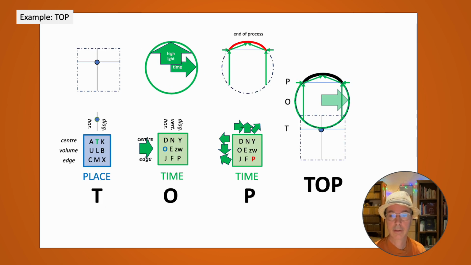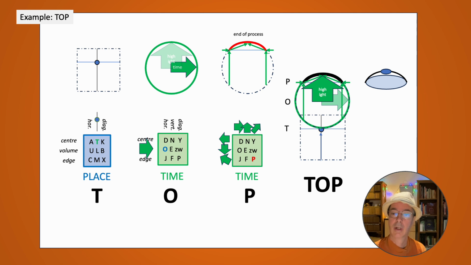But of course we will start with top. So we start with the T, the O and the P, all on top of each other, attached to each other, so that in the end we can derive something. And it is always easier, when we are talking about forms, to put a 2-dimensional form into a 3-dimensional vision, and you see immediately very well what the end result of this is.